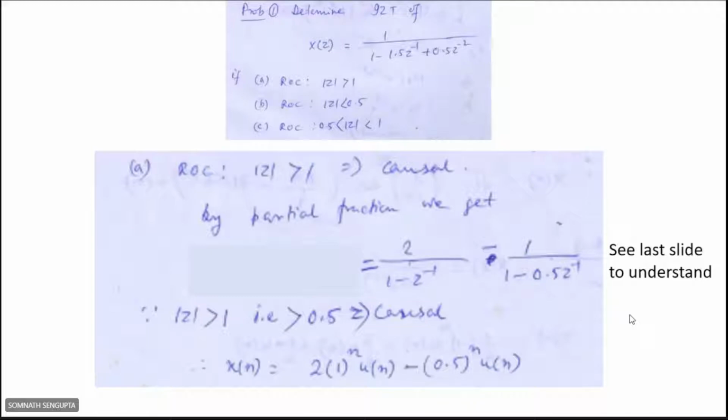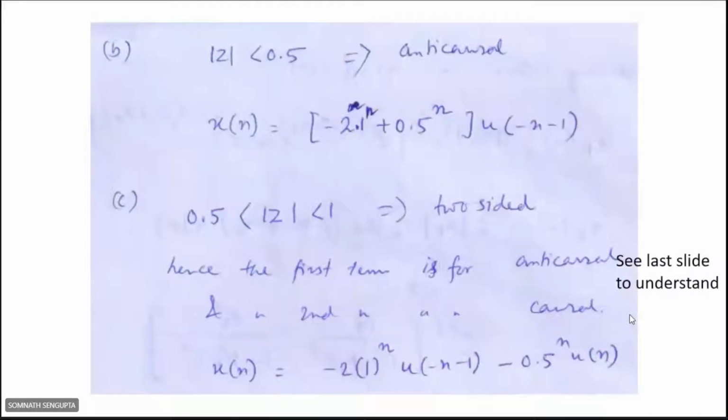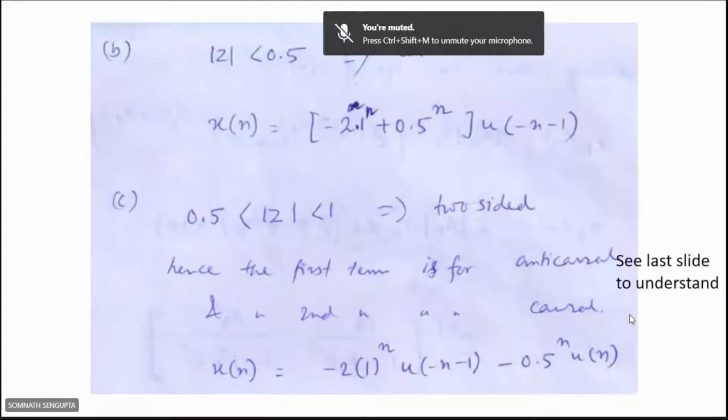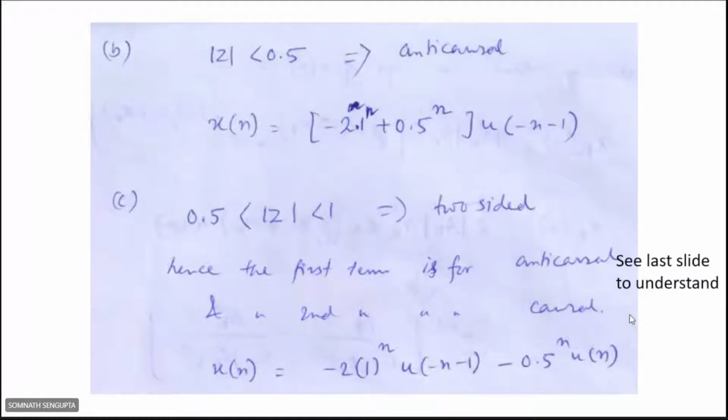So these are for the first case. Another case that is solved in the program is case C, that mod z is greater than 0.5 and less than 1. For that, this will be your signal, and this is your solution: minus 2 into 1 to the power n u[-n-1], minus 0.5 to the power n u[n].